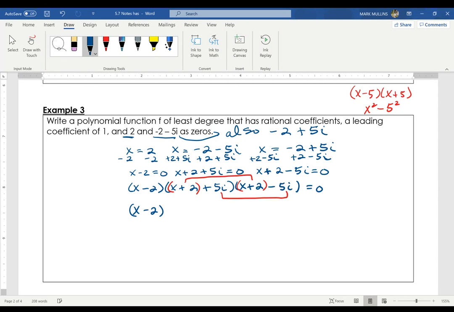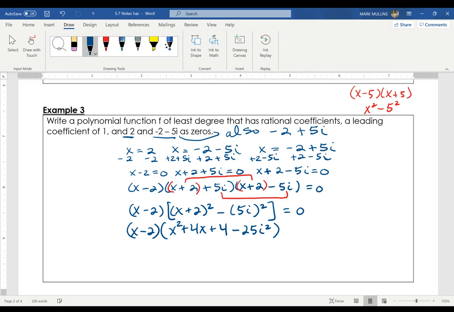Now I would have whatever x plus 2 is squared minus whatever 5i is squared. So now I'm going to have to work that out. x plus 2 squared is x squared plus 4x plus 4. We're just expanding that. And this would be a minus 25i squared. We need to remember that i squared equals negative 1, so I can substitute that.